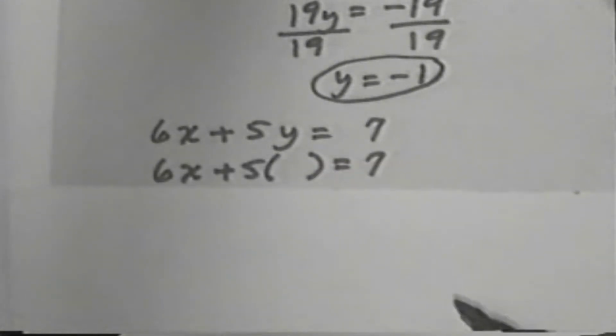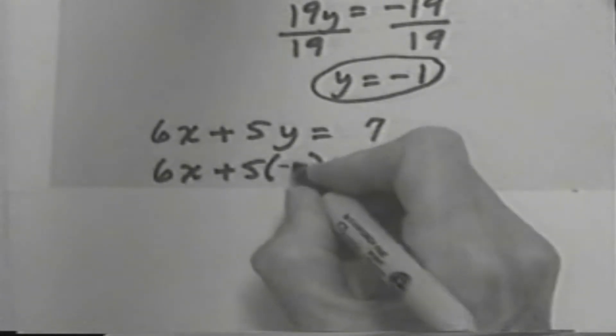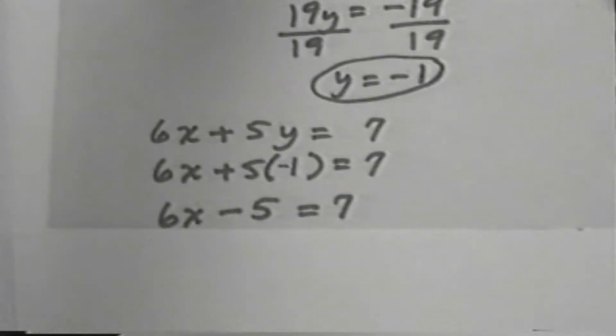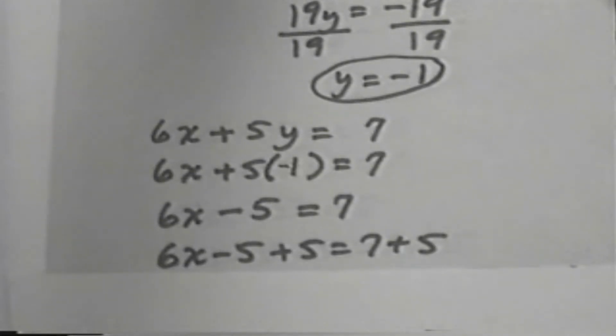This means that we'll fill in the negative 1 for y. So we have 6x plus 5 times the y number, which is negative 1, equals 7. Then it's just a matter of working this equation. Simplifying on the left, we get 6x subtract 5, or 6x add negative 5 if you prefer. Now to solve for x, I must first eliminate the 5 that's subtracted. I'll add 5. 6x subtract 5 add 5 equals 7 add 5.